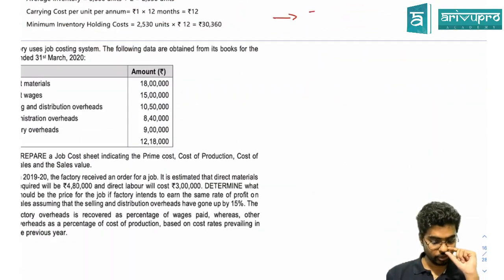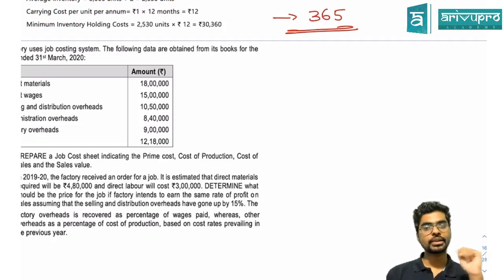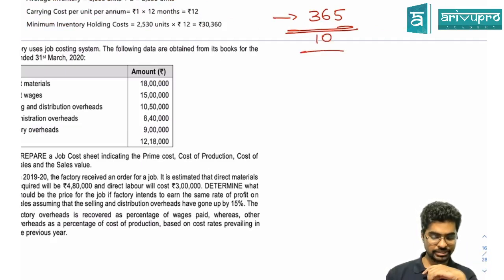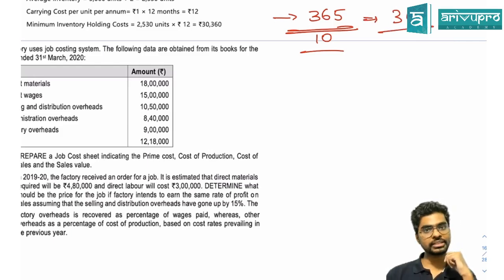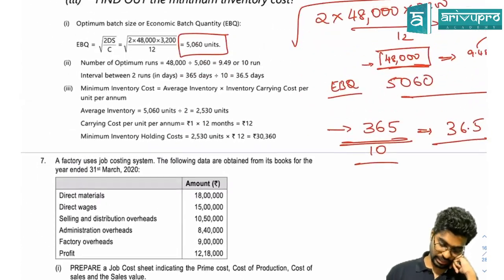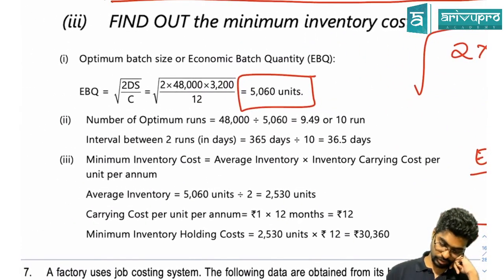In a year, I know there are 365 days. Correct? And if you're running 10 batches, that means every 36.5 days you have to run one batch. Therefore, the time interval will be 36.5.